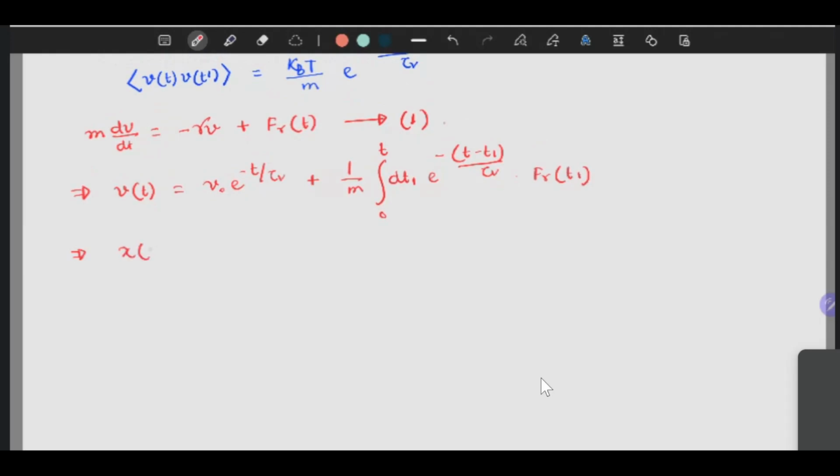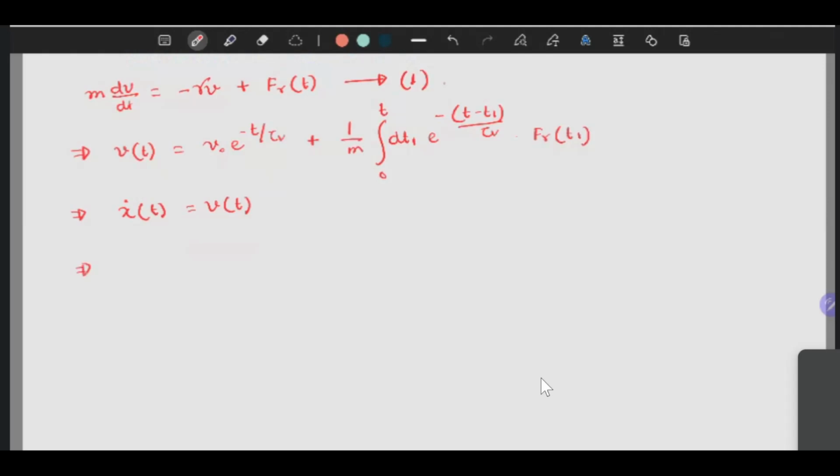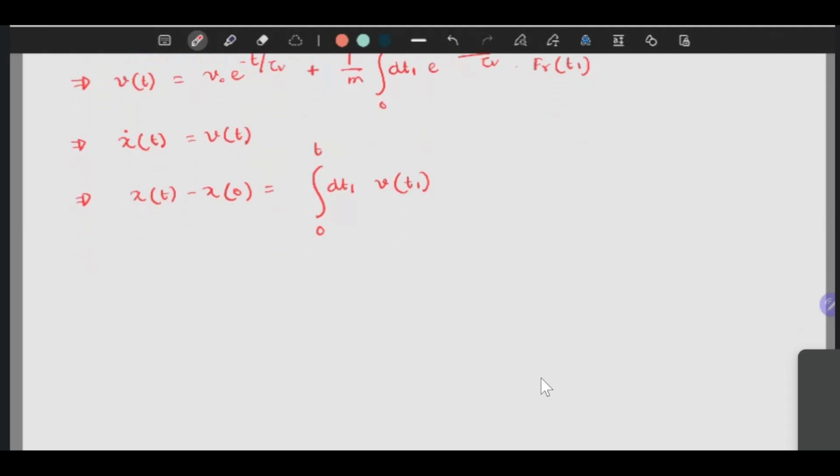Now v(t) is actually x dot(t), that is x dot(t) is equal to v(t). So x(t) minus x0 will be integral 0 to t dt1 v(t1). Okay.